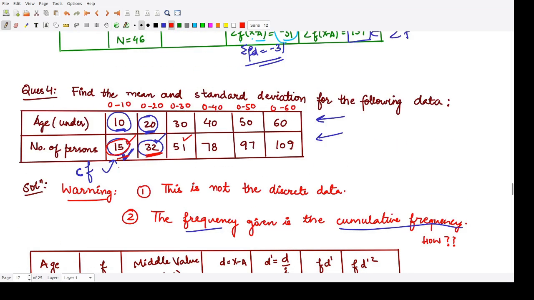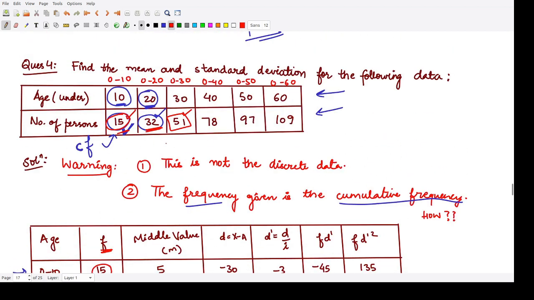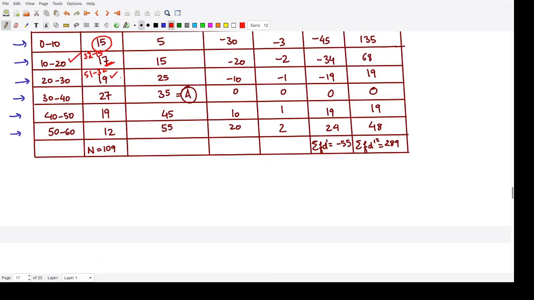The next term would be this quantity 51 minus this 32. So this would be 19. And then you would have 78 minus 51. So that is 27.